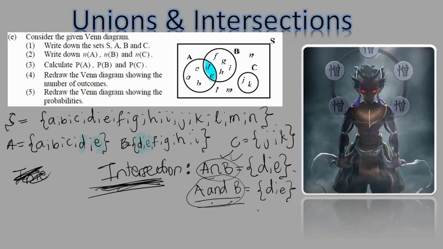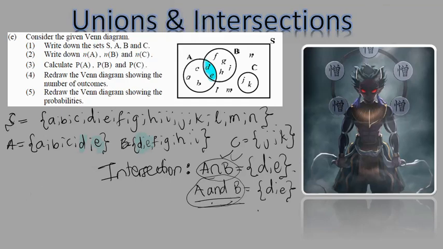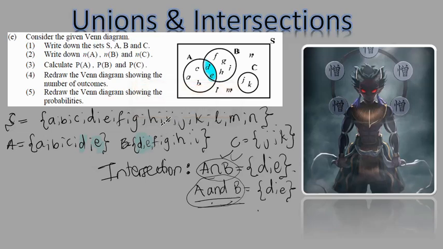Now, let's get to what we call the union. So now, when it comes to what we say is the union, some people say it's the union, some people say it's the union. I feel like things are easy to remember when you call it like you see it. It's the union.